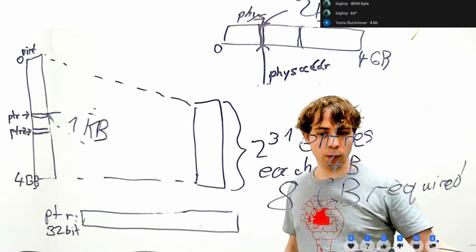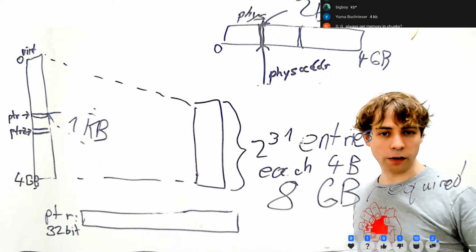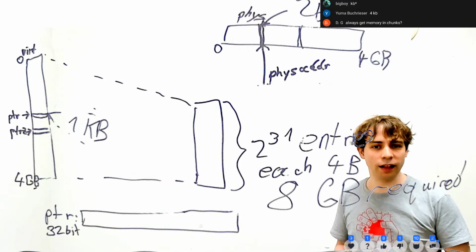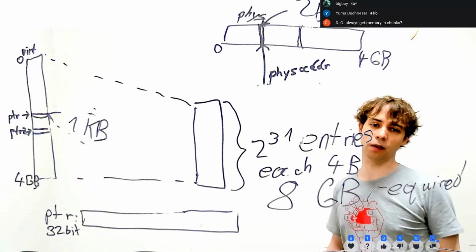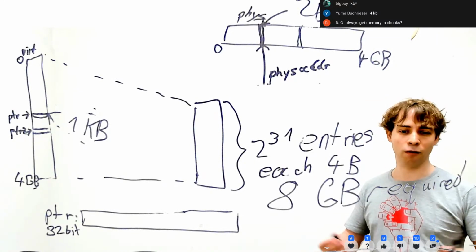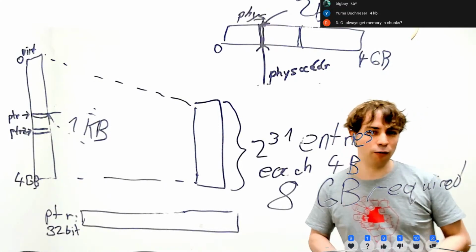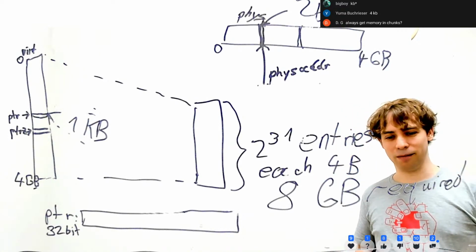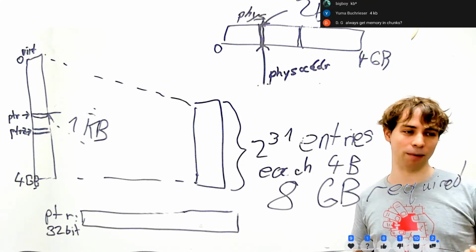Let's assume we take 1 gigabyte here. Then we would only have 4 different blocks. This would actually be worse than segmentation because it would only allow us to have 4 blocks of memory and only 4 different permission sets, 4 different purposes for these things. So 4 segments, a gigabyte is too large.